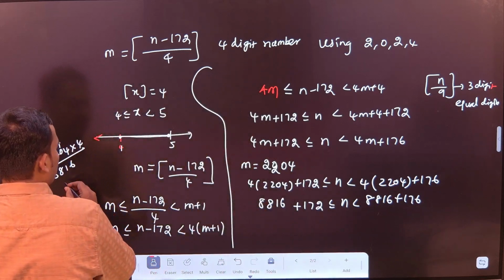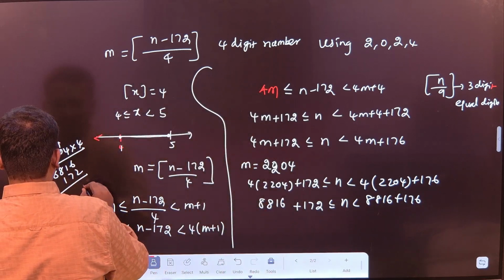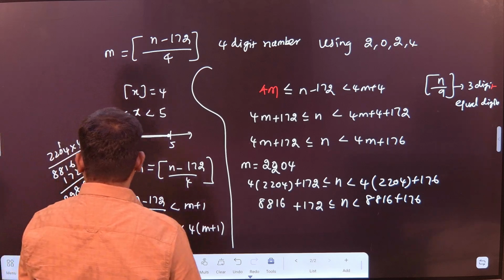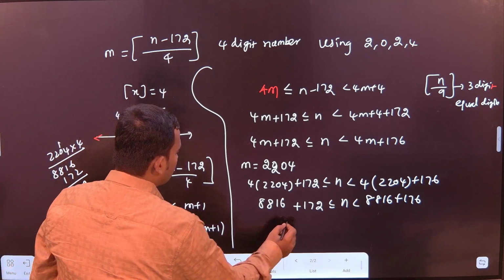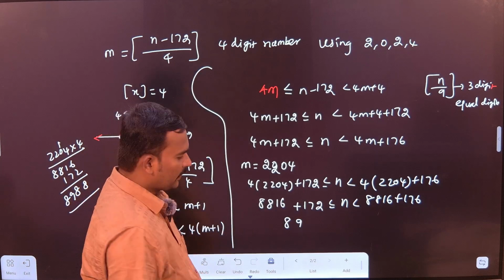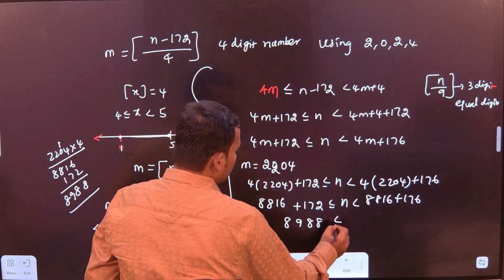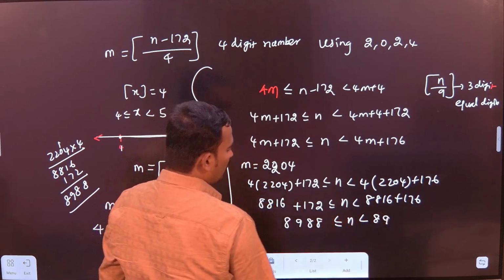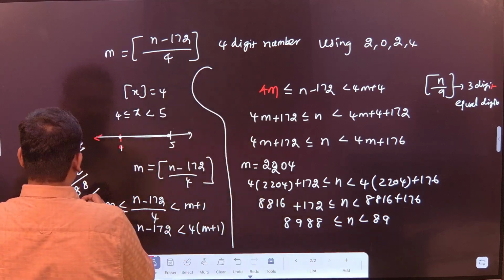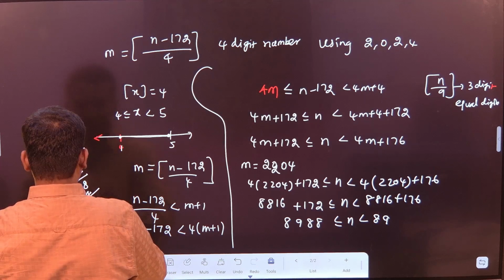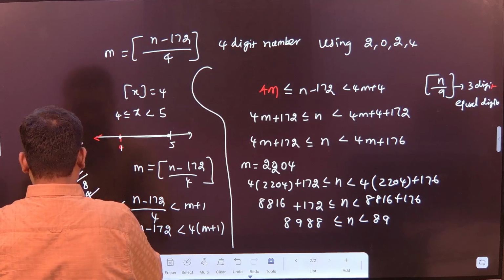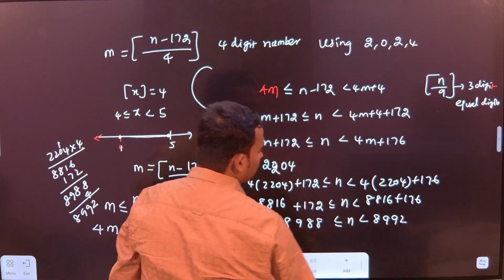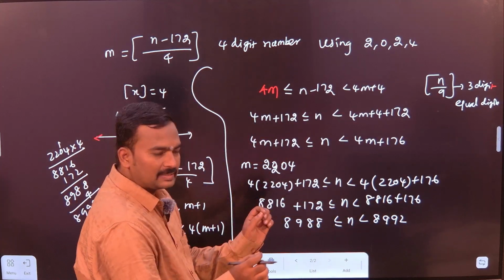Now you add this 172: we get 8988 is less than or equal to n, and you add 4 more, that is 8992. Clear?